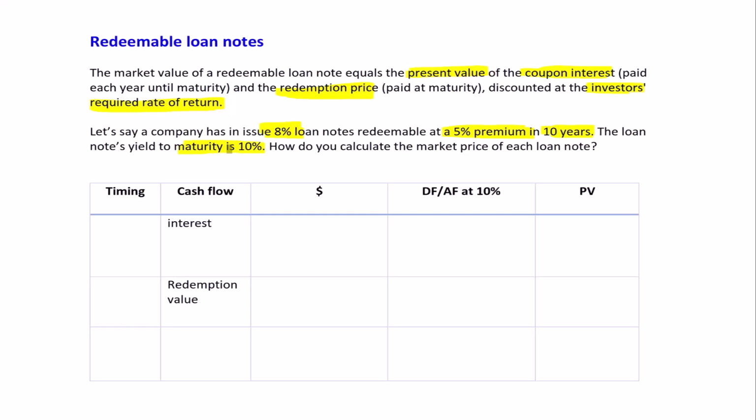So how we calculate this now is we lay out the cash flows and we discount at that 10%. They're going to get interest at the end of each of those 10 years, so we're going to be getting interest from time 1 to time 10. We'll be getting interest at 8% on the par value, which is 100.